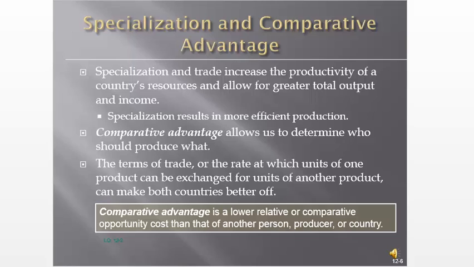They can make both countries better off by allowing them to specialize or concentrate their resources on what they do best, which will ultimately lead to a surplus of production for which they could trade for other items or services that they need, but for which they would produce at a higher opportunity cost, thus producing them less efficiently.